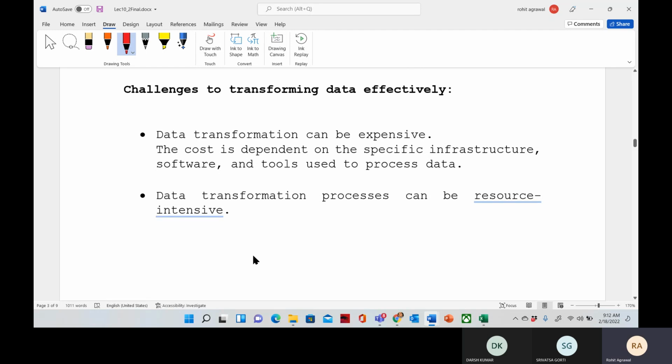If I talk about image processing, we have different kinds of transformation. We have SVD, we have DCT, we have DFT, we have DWT. SVD stands for singular value decomposition. DCT stands for discrete cosine transformation.